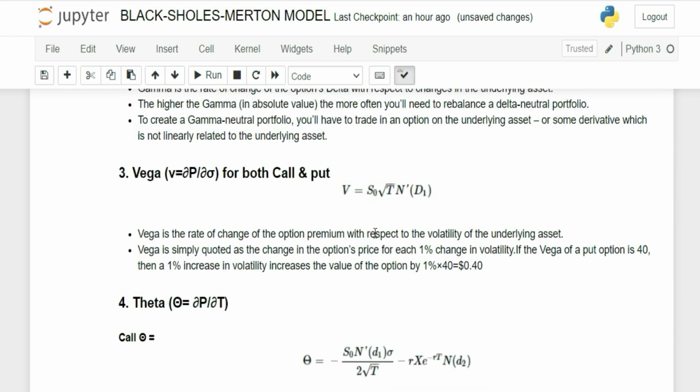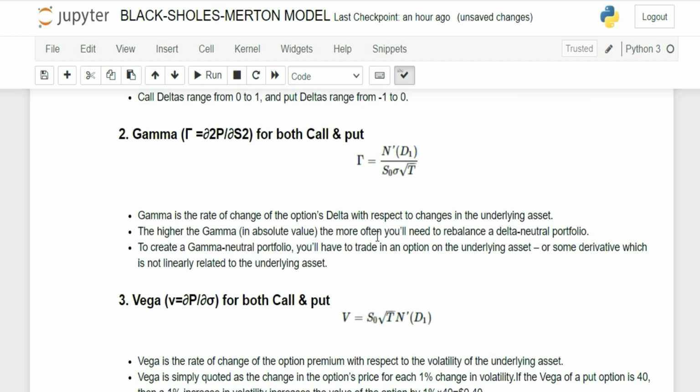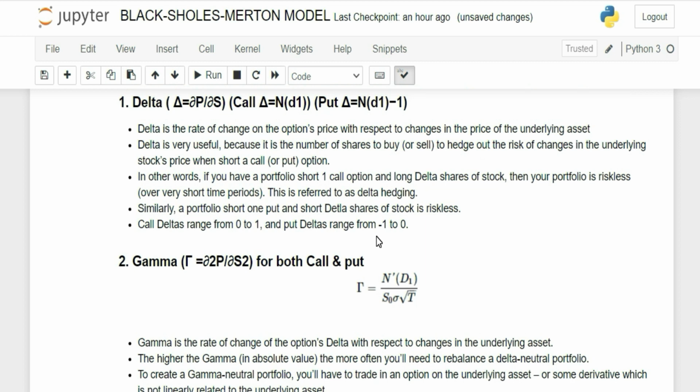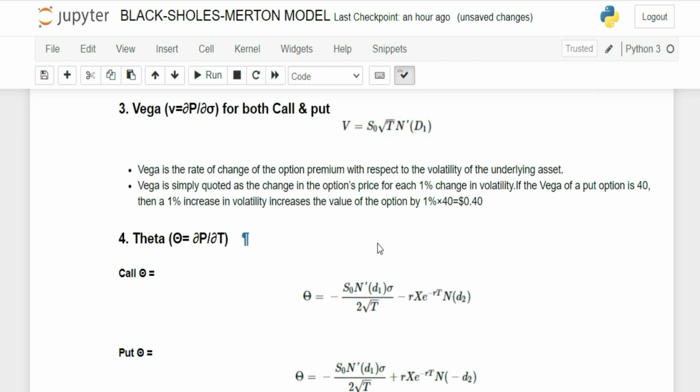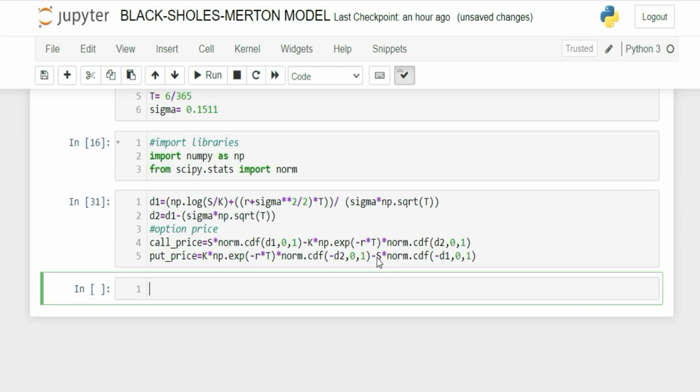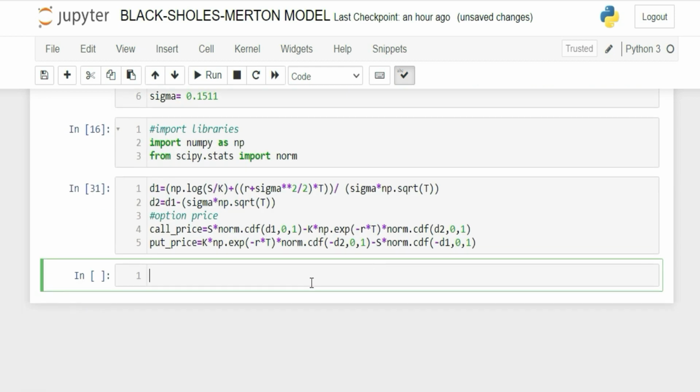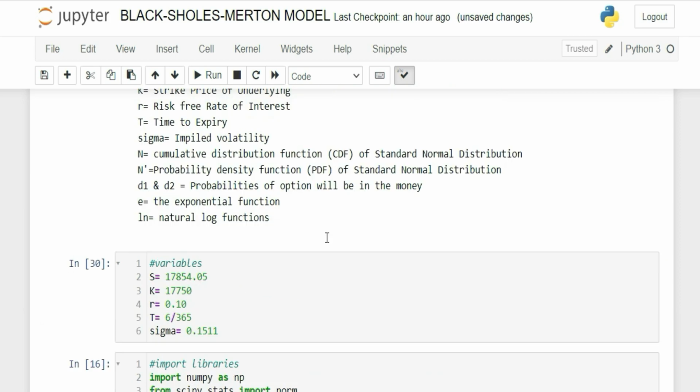And I also have a lot of videos on my channel about what exactly is gamma and so on. You can go through all these videos. I'm going to put all the links in the description. So we're going to calculate quickly delta, gamma, vega, theta, rho. You can just put simply Greeks. So first is delta.